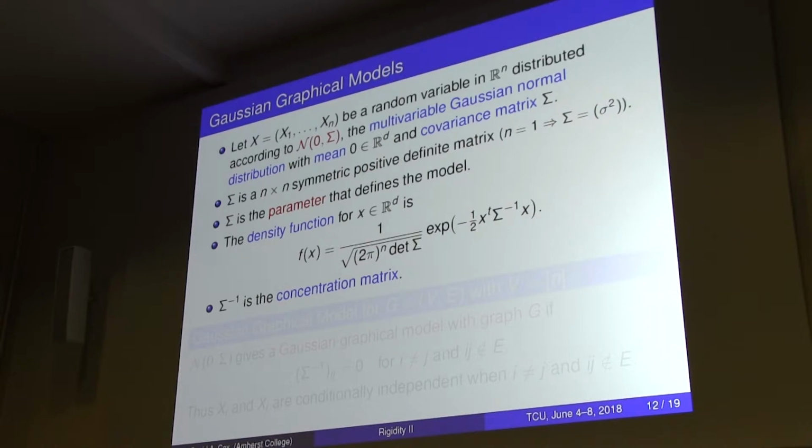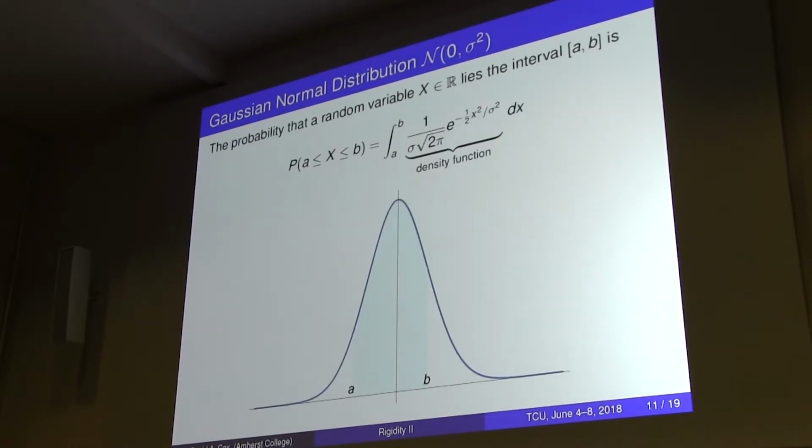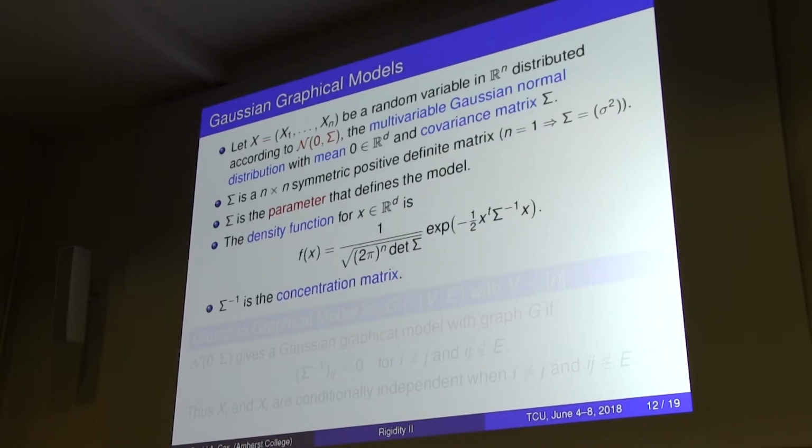Then there's a density function that generalizes the density function I had before. Remember, it was e to the minus 1/2 x squared over sigma squared. It had a sigma, it had a square root of 2 pi. What that generalizes to is, instead of x squared over sigma, x transpose times sigma inverse times x.